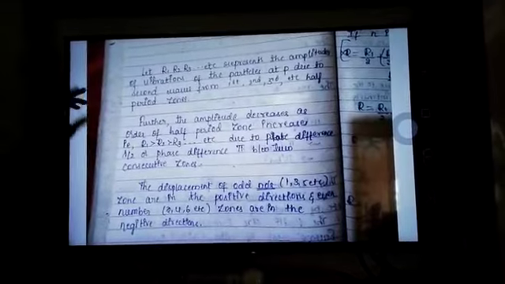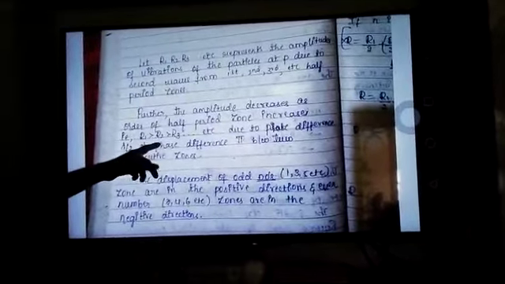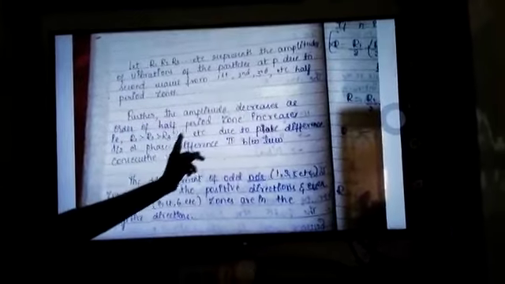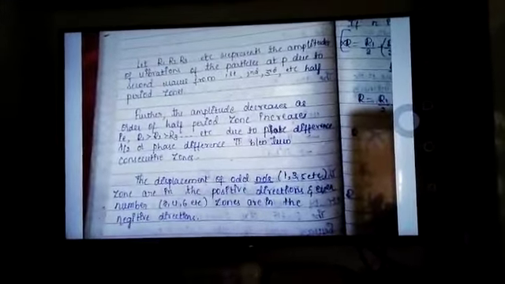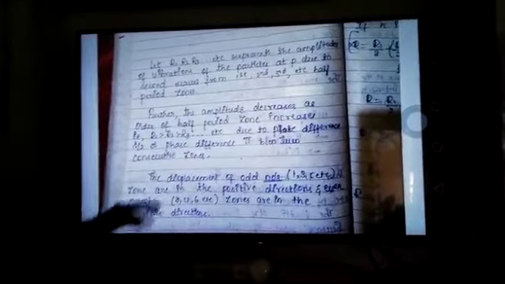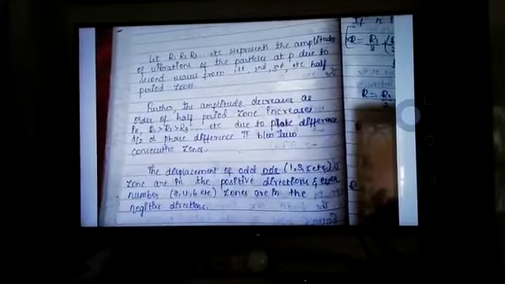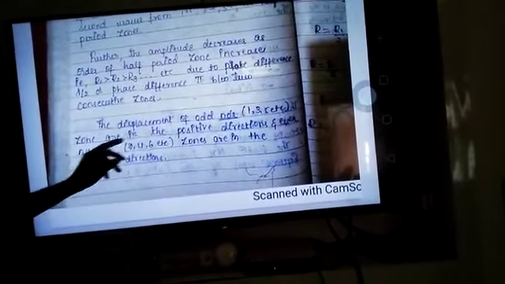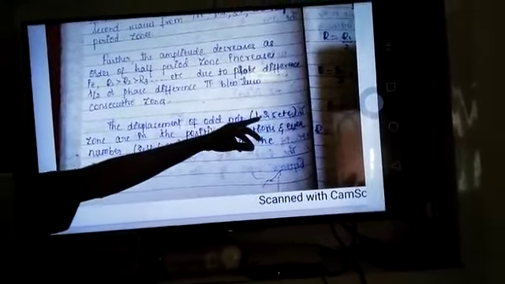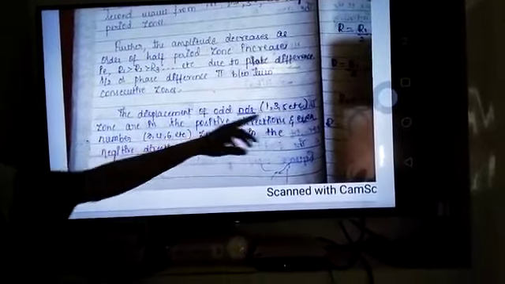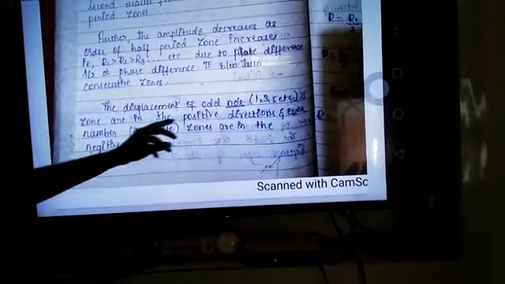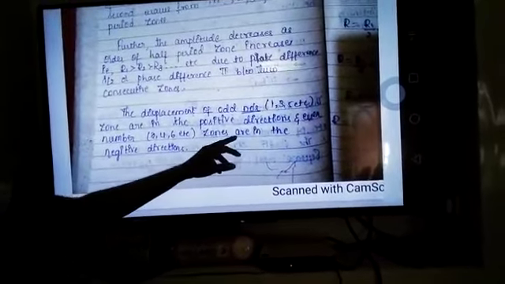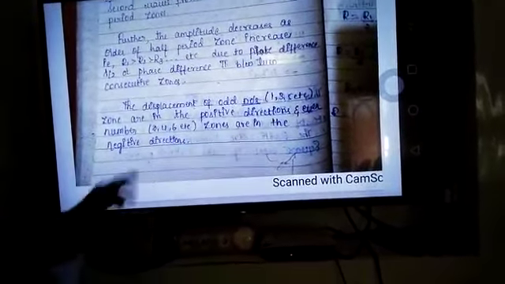So the first half-period zone R1 is greater than R2, which is greater than R3; that is, the amplitude goes on decreasing. Between two consecutive zones there is a path difference lambda by 2 or phase difference pi. The displacements of odd-numbered zones, first, third, fifth, etc., are in the positive direction, and even-numbered zones 2, 4, 6, 8 are in the negative direction.